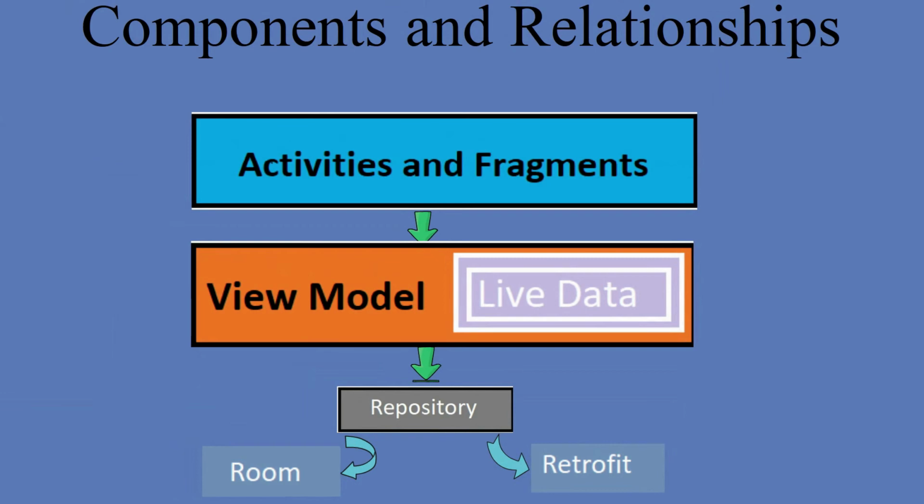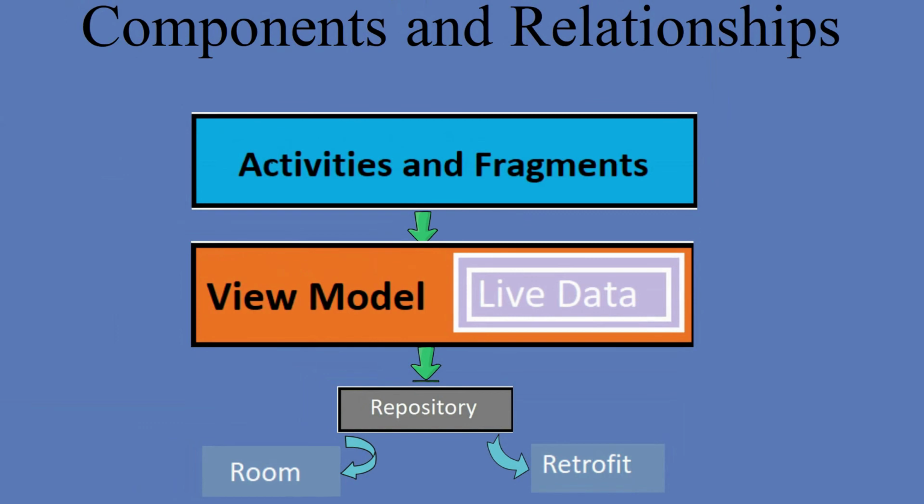And the Room and Retrofit libraries are responsible for acquiring and modifying the data, but don't know anything about the rest of the application. Again, this is the philosophy of separation of concerns, and it results in small, maintainable components. When you need to make a change in one component, you are far less likely to introduce bugs in another.